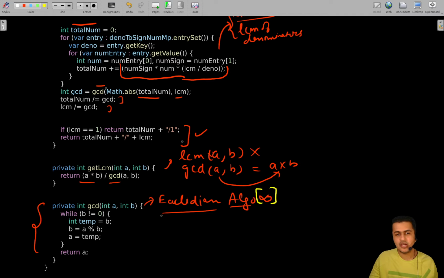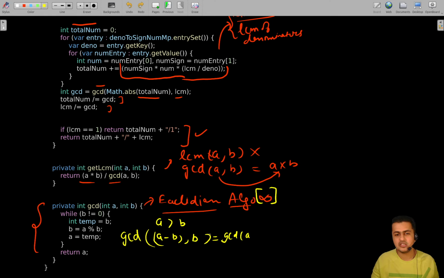It is based upon the fact that if there are two numbers A and B, and A is larger than B, and you replace A with the difference of A and B and take the GCD, it will be the same as the GCD of A and B. So if you reduce the larger number to the difference of the larger and smaller number and take the GCD, it remains the same.